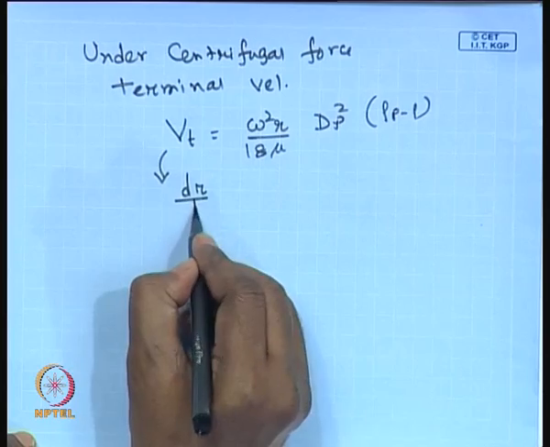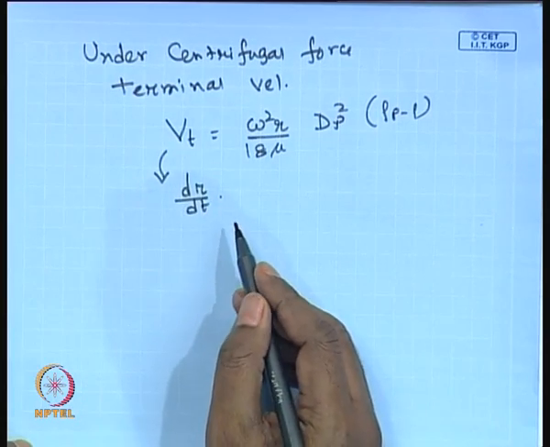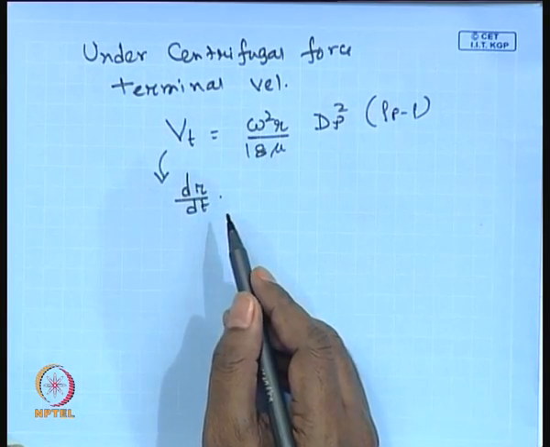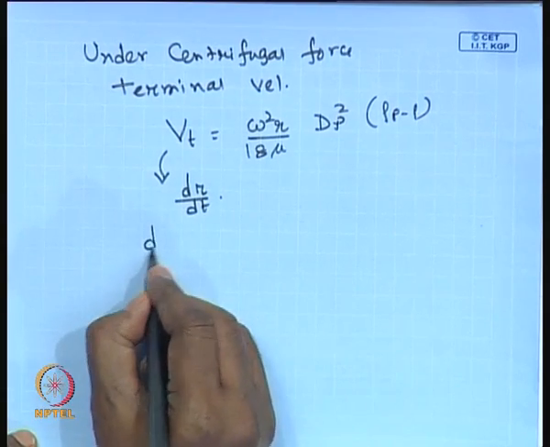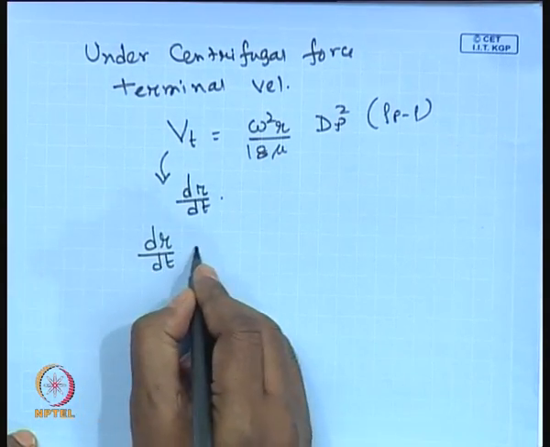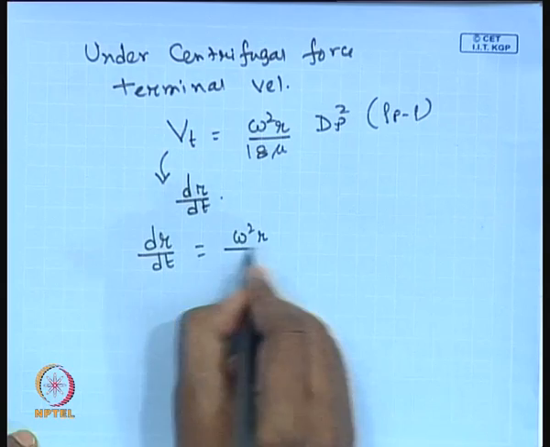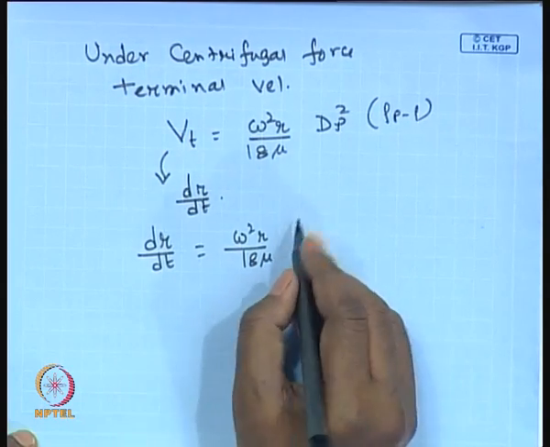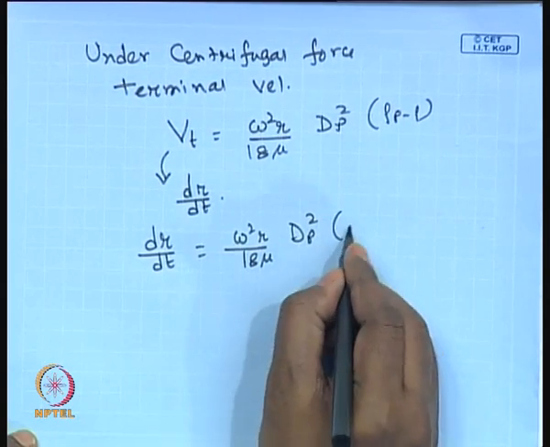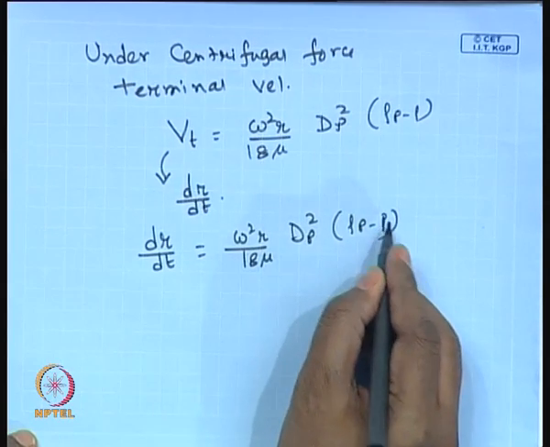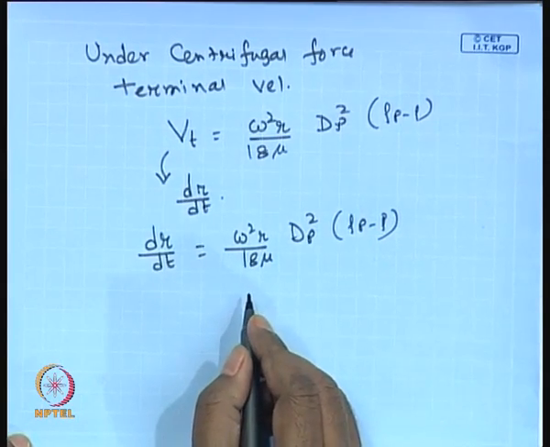Okay. Now, this terminal velocity is nothing but dr dt. Okay, if you look into the definition of velocity, that is nothing but dr dt, and acceleration is dv dt. So, therefore, this expression can be written as dr dt, that is the location at any point of time, omega square r divided by 18 mu dp square times rho p minus rho. Okay. Now, you can integrate it out.